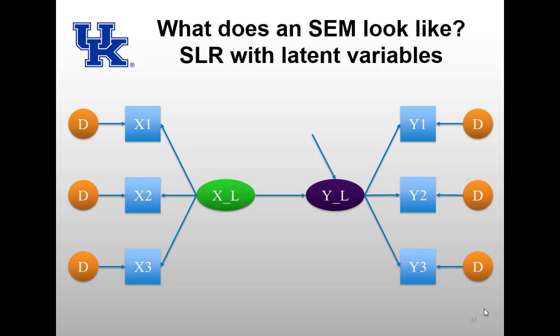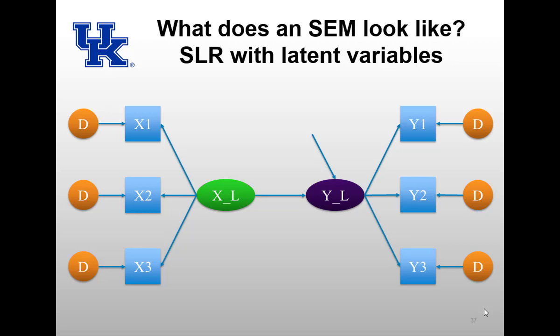That's the big difference between this model and the SILV model: the size of those disturbances is estimated inside the model as opposed to specified by us. And the outcome, Y of L, works the same way. I have 3 items loading onto it. They each have disturbances. And again, there's still that unexplained part of Y. X is explaining Y, but there's some residual variance to Y. That's that little arrow leading off to nothingness.